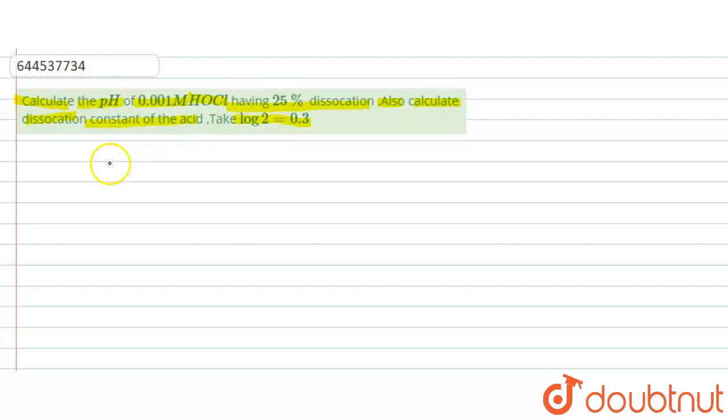Okay, so friends, the reaction that will take place is HOCl dissociating as OCl negative plus H positive ions. If it was C before, and it dissociates as alpha, then C minus C alpha will be its concentration, and the concentrations of the ions will each be C alpha.